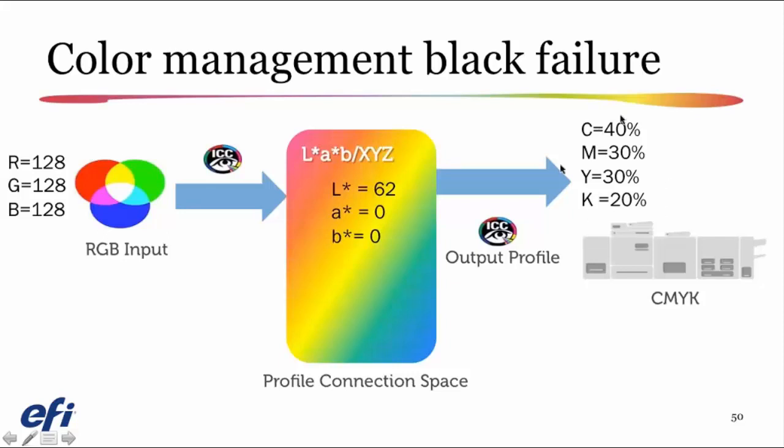One example of a formula or a recipe that might come from the output profile for that mid-tone gray is something like 40% cyan, 30% magenta, 30% yellow, and 20% black. A perfectly neutral mid-tone gray in the CMYK output space. What's the problem? The problem is this is going to cost you a color click on your print system.